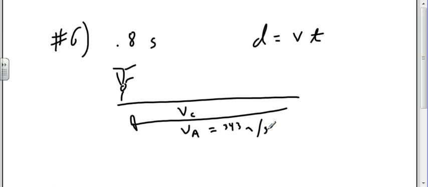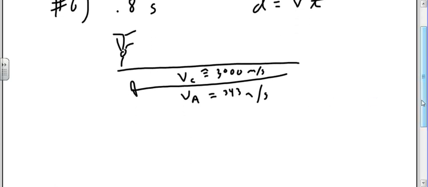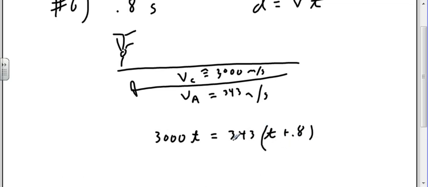We look at page 329, and we see that it's about 3,000 meters per second. So 3,000 times t is going to be equal to 343 times t plus 0.8. So it takes 0.8 longer to go the other way.